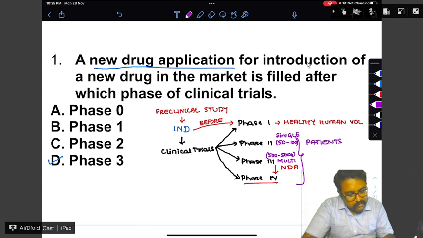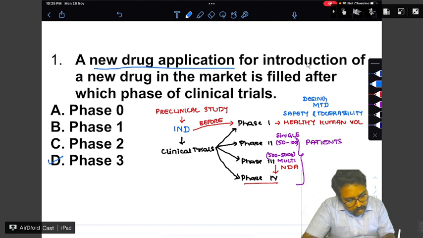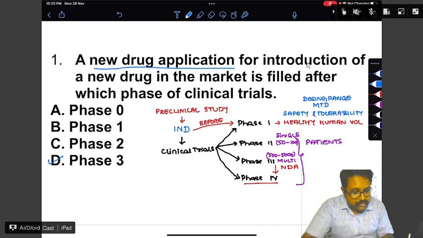Basically, in phase 1 you're going to see the safety and tolerability. You're going to check for the maximum tolerable dose. So basically you're checking the dosing range in the phase 1 clinical trial.